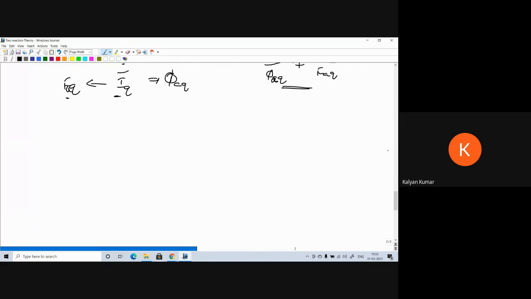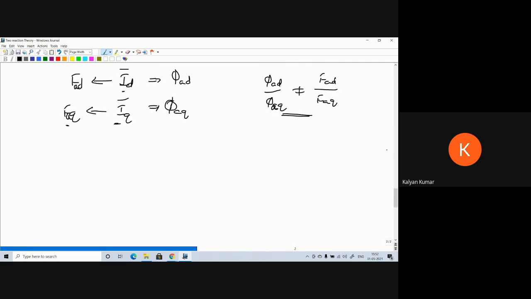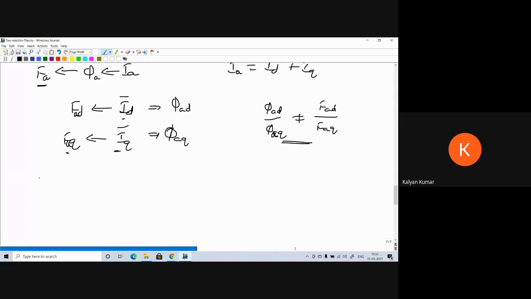Now, consider this phi AD is produced due to this Id. Therefore, this phi AD drop can be represented by using minus j Id into XAD, using a reactance XAD, similar to the cylindrical rotor synchronous machine where we have used Xa.